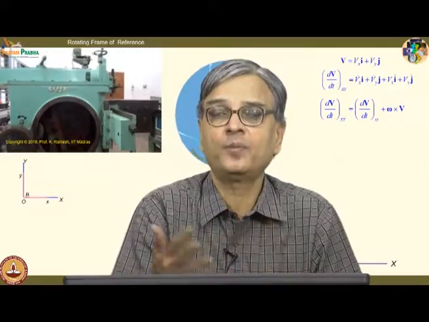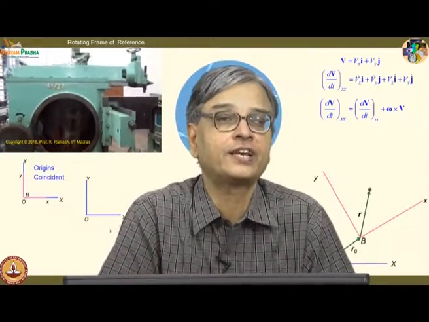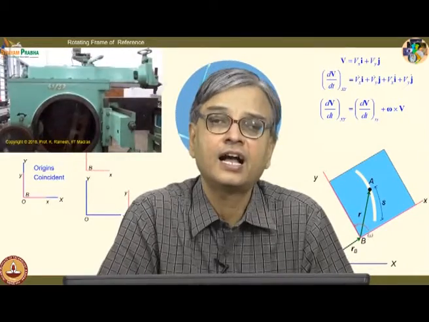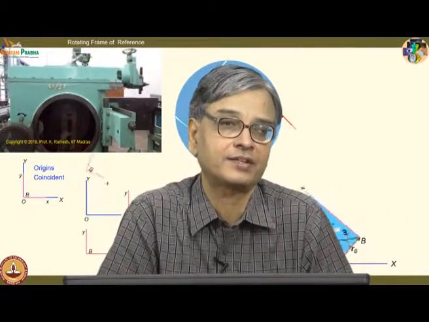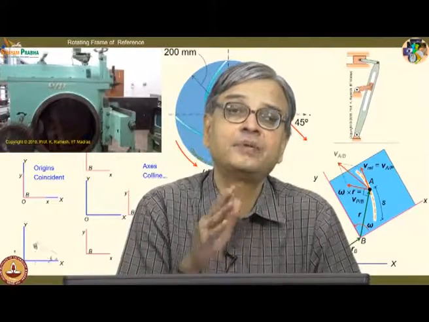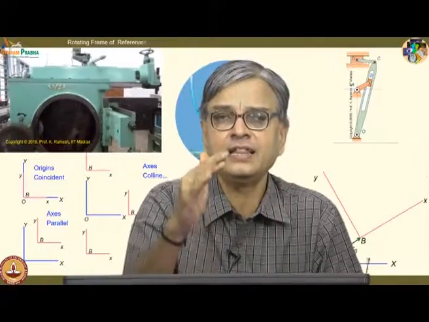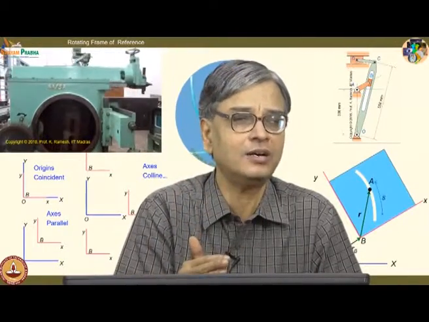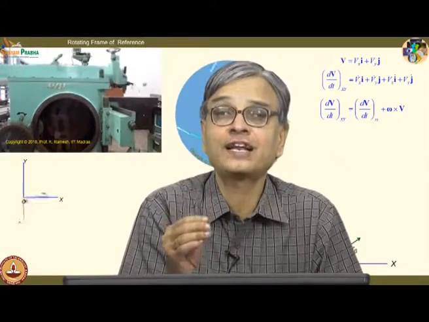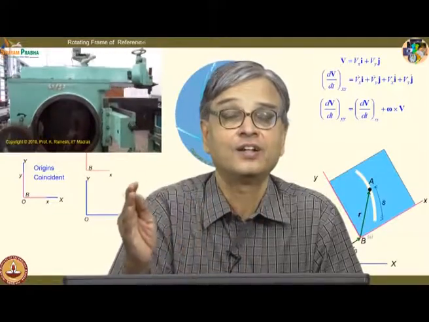And in all the problems, I said that the challenge is how to identify the rotating frame of reference and how to identify the fixed frame of reference. So, for determining this, please pay attention, take your time to fix them. Then the rest of the problem is straightforward, mere application of the formula with careful attention on the mathematics, because this is written down in different frames of reference.